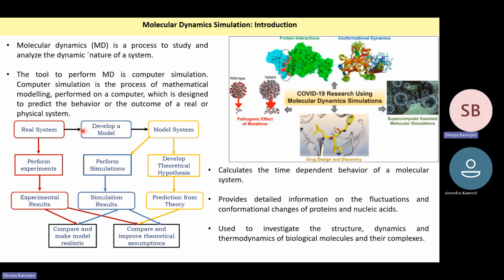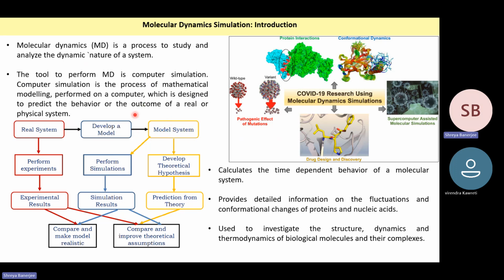The other way is that a model can be developed which mimics the real system, and this will be called the model system. On this model system, we can perform different simulations. Suppose a protein is not a static molecule. It is dynamic. It can move about.